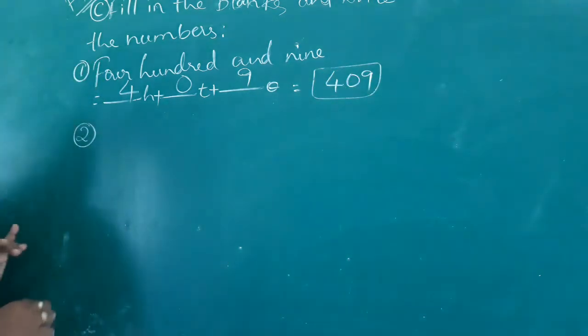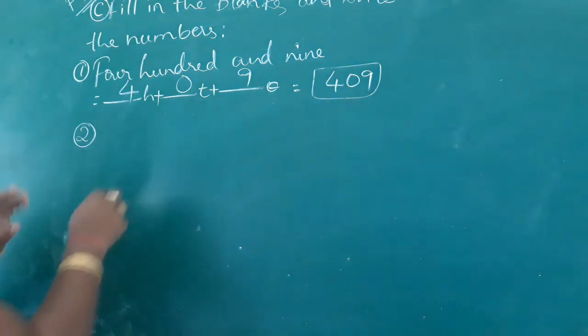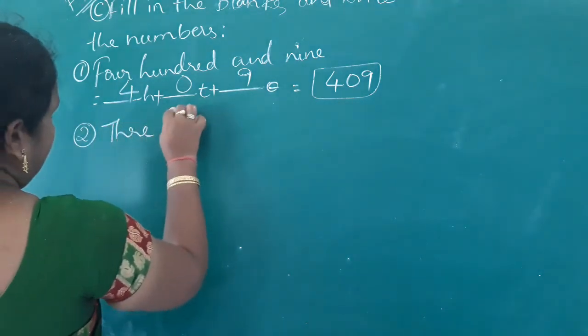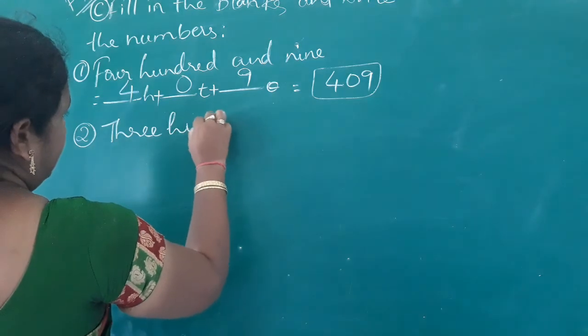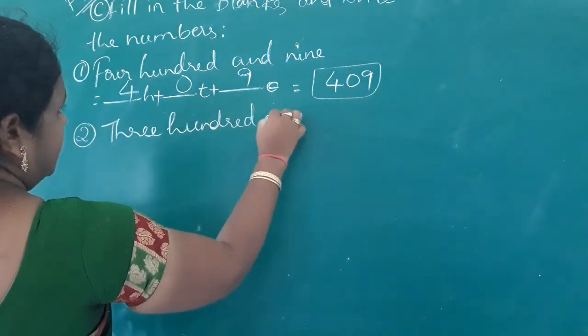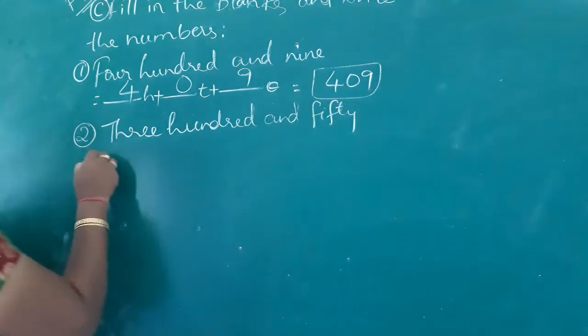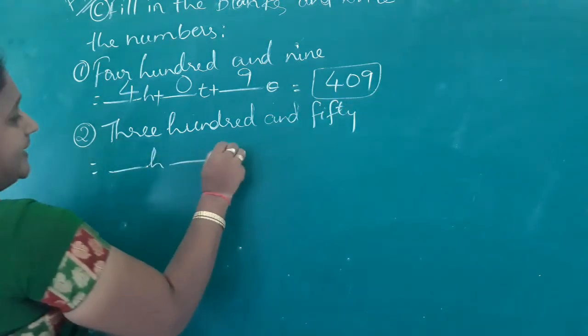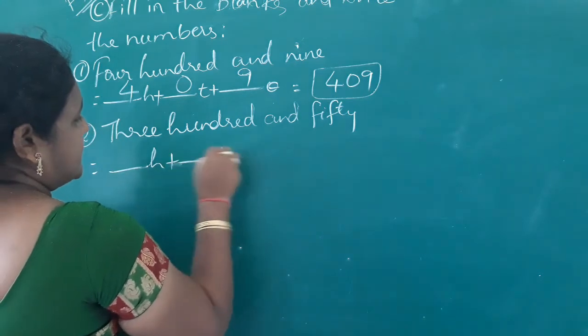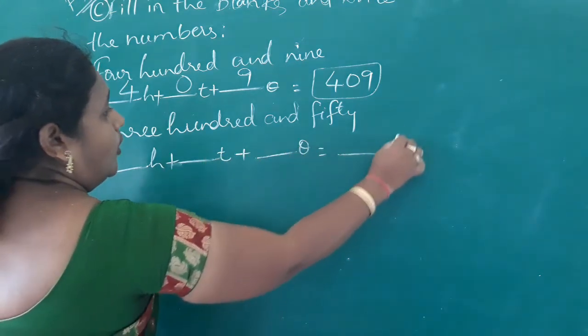Second question: 350. In this also, how many hundreds, how many tens and how many ones are there? And what is that number?